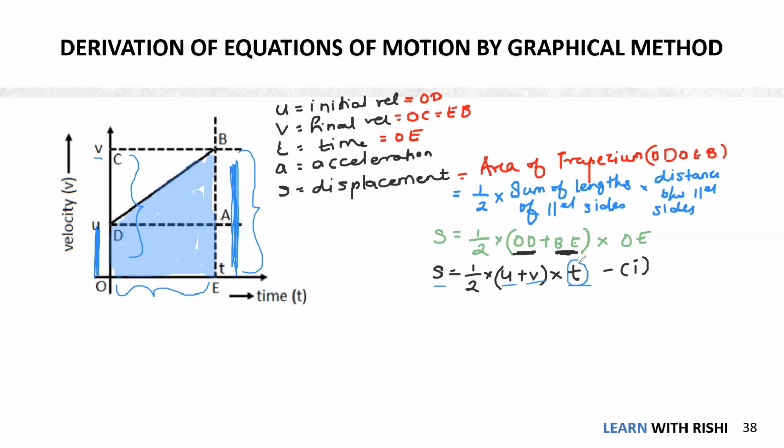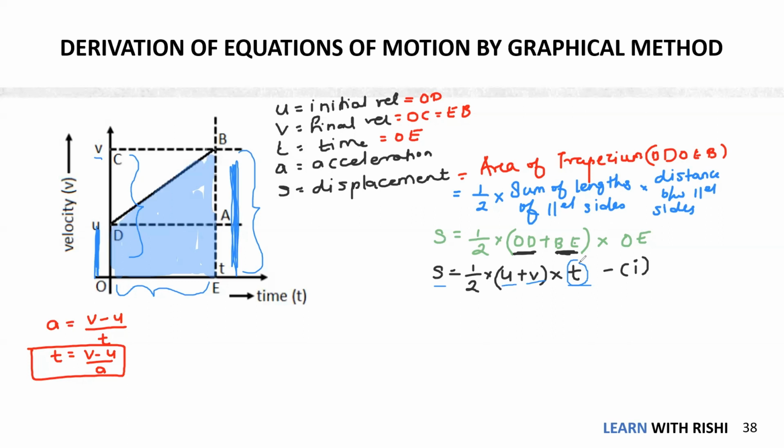So we'll make use of the definition of acceleration. We know that acceleration is equal to change in velocity, that is v minus u, upon time. So we can write t is equal to v minus u upon a. And we substitute this t in equation number 1.